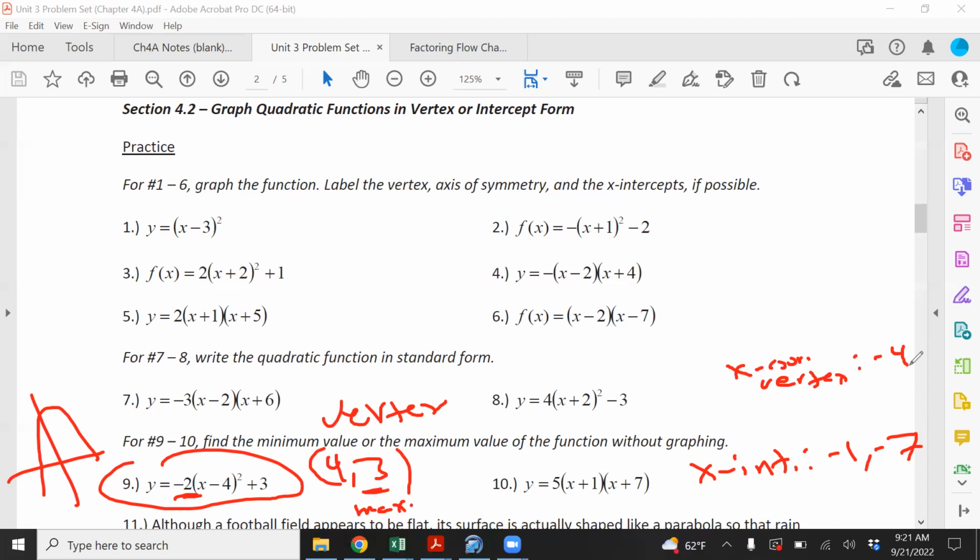Now plug -4 back in. You'll get -60. And because the graph opens up, because a is positive, it's going to look kind of like this. So you have a min of -60. That's how you do it.